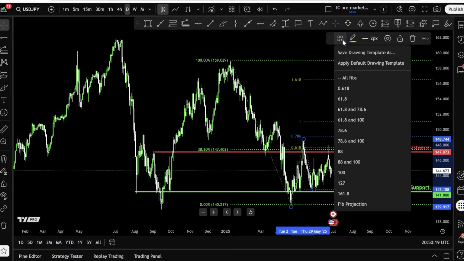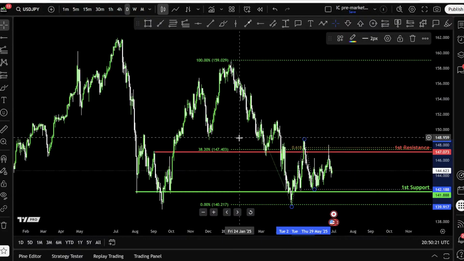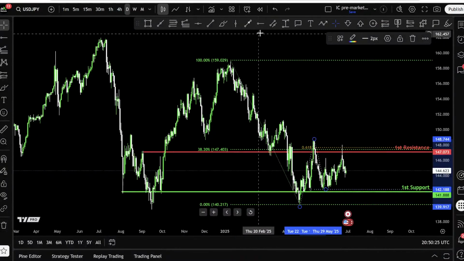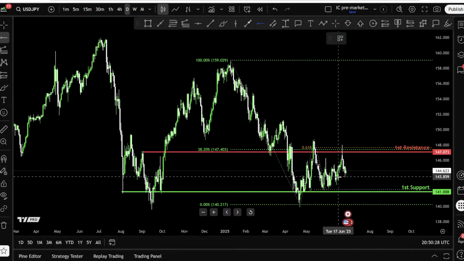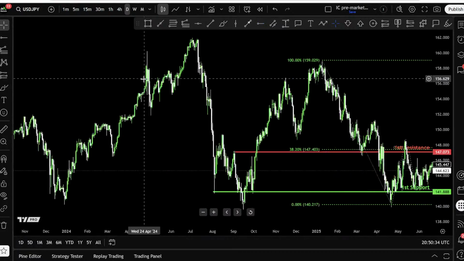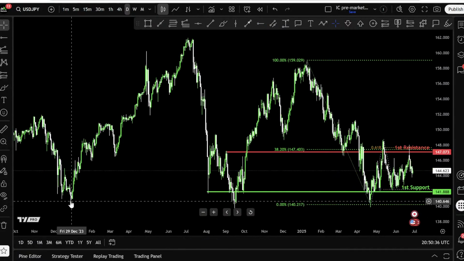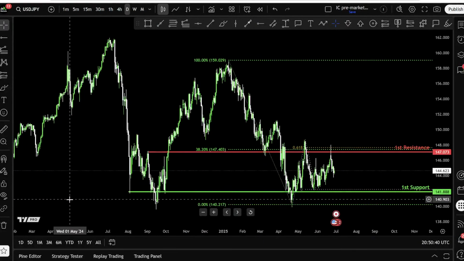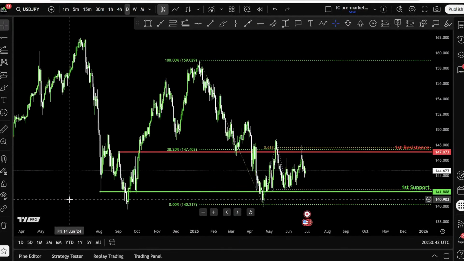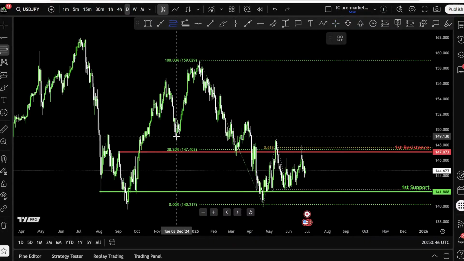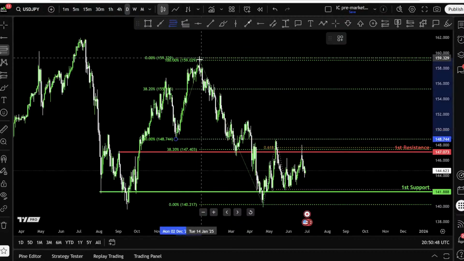Okay, my 61.8 lines up with the first resistance. Okay, might have another Nike tick here.